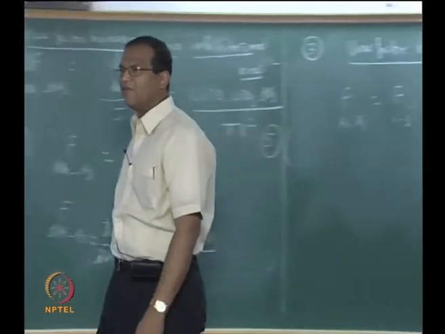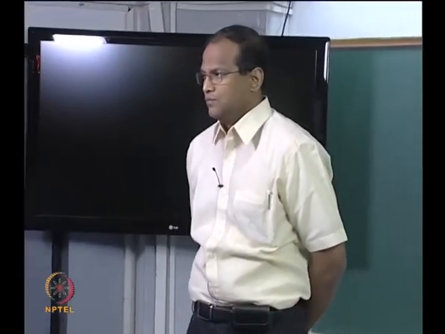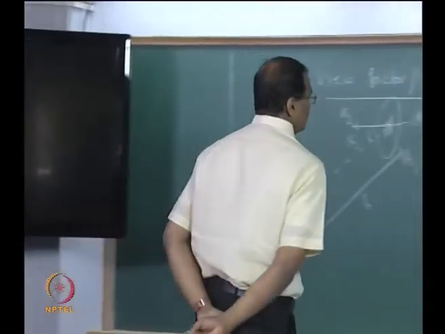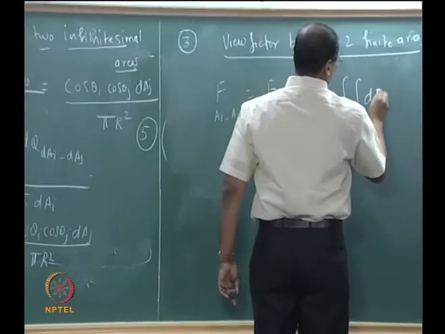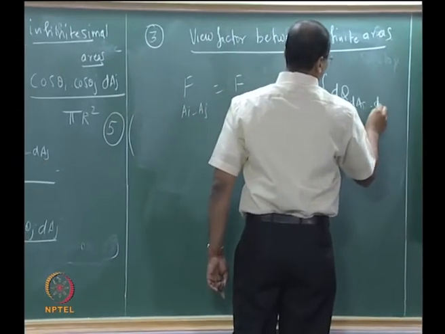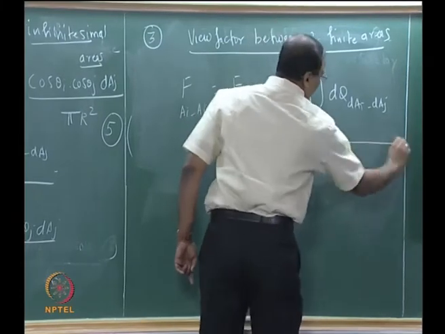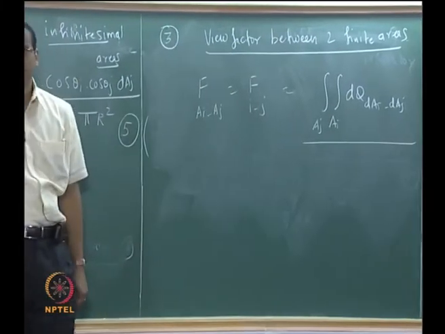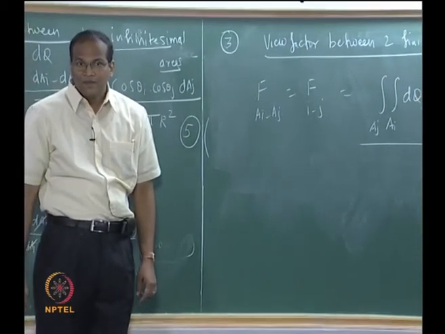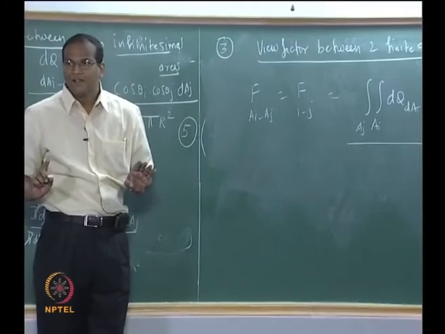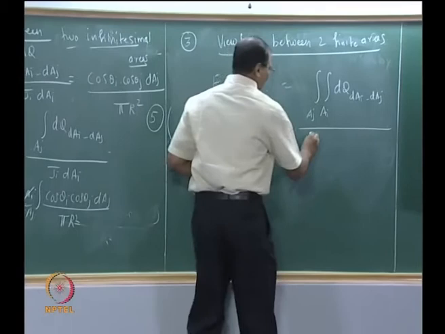Instead of saying each time F of Ai to Aj, I can just say F of i to j. What is that? Divided by integral over j, very good.